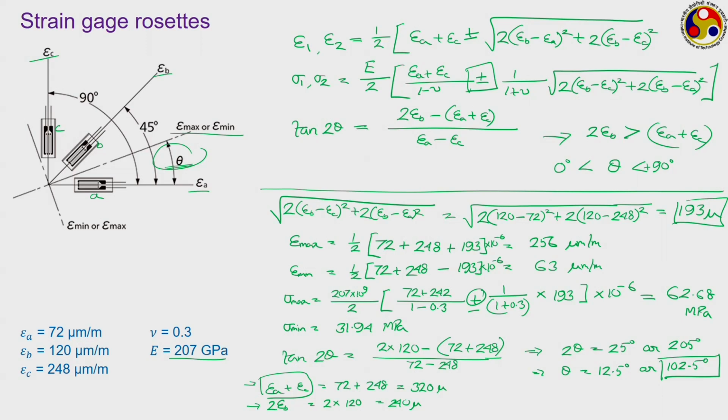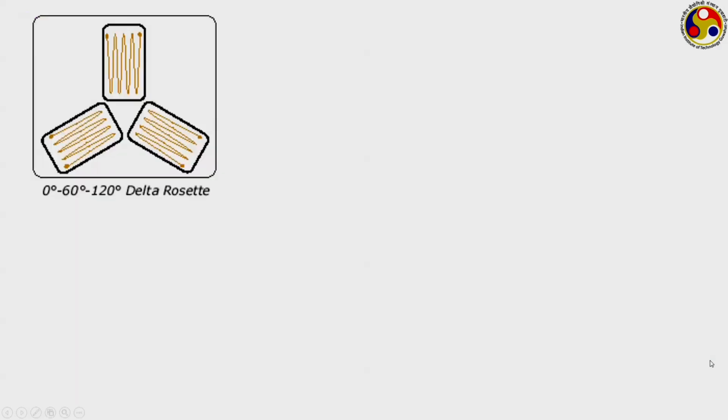This way you can do the calculation for any strain gauge rosette. There are several other strain gauge rosettes also. This is the most standard one, the rectangular strain gauge rosette, but another one I would like to talk about is the delta rosette, also called the equitriangular rosette, because instead of presenting it this way, we could have also presented it as 3 triangles like this, where A, B and C are the 3 strain gauges.